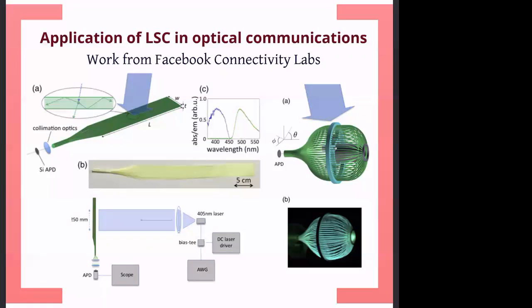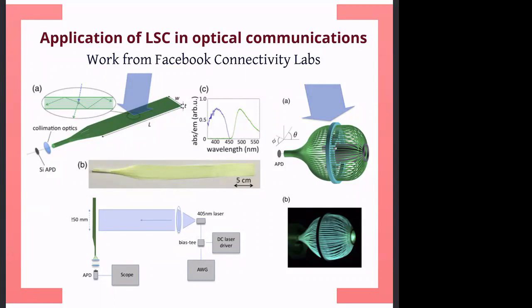And the problem with very big beams is that in order to collect that signal, you need big optics, you need huge lenses, and that's a big problem. Especially if you have a balloon swinging around in the air, you cannot point it very precisely, right? You cannot have a lens that is very precisely pointed at the laser, and the laser might also be moving around. So you need a way to collect this light which doesn't have to track that laser. This is why the non-tracking property of the luminescent solar concentrator becomes very interesting.